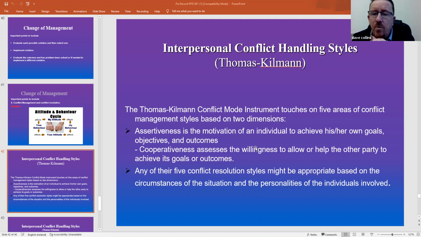Cooperativeness assesses the willingness to allow or help the other party to achieve its goals or outcomes. Any of the 5 conflict resolution styles may be appropriate based on the circumstances of the situation and the personalities of the individuals involved.